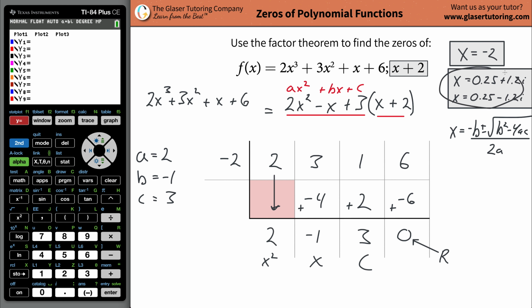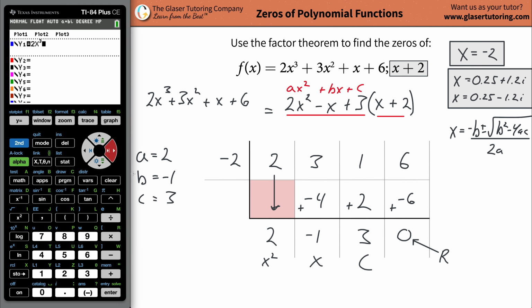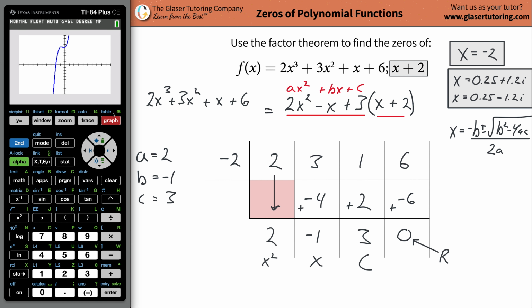So if I graph this, 2x raised to the third, plus 3x squared, plus x, plus 6, notice how it comes up, comes down a little bit, and then goes on up forever. So it only crosses the x-axis at one spot, at -2. All right, that's how you do it.